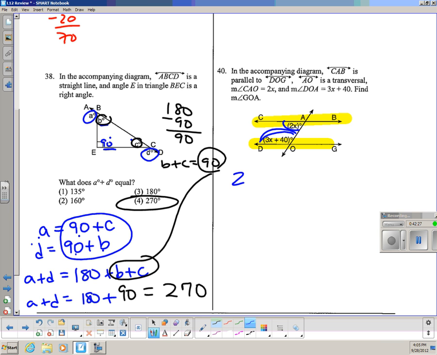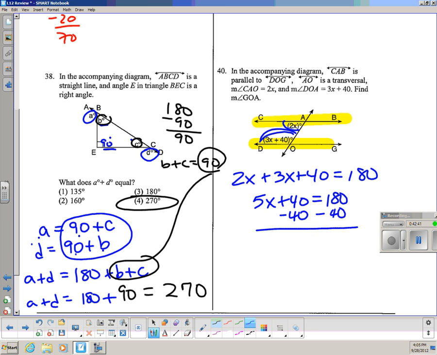In this situation, those angles are supplementary. This goes back to the first quiz. So 2x plus 3x is 5x, plus 40 equals 180. Subtract 40 on both sides. 5x is 140. Divide by 5. X is 28.